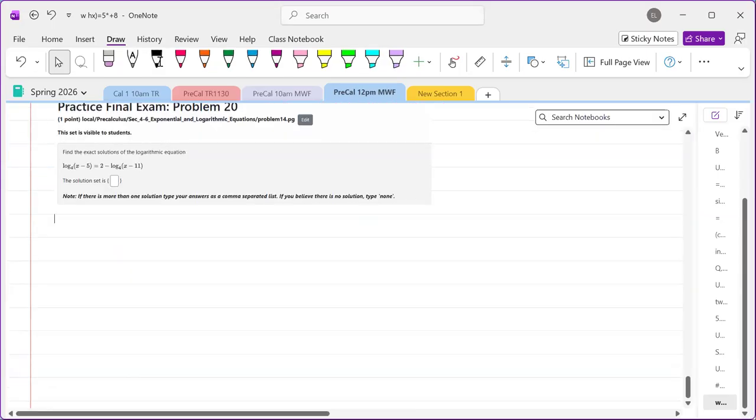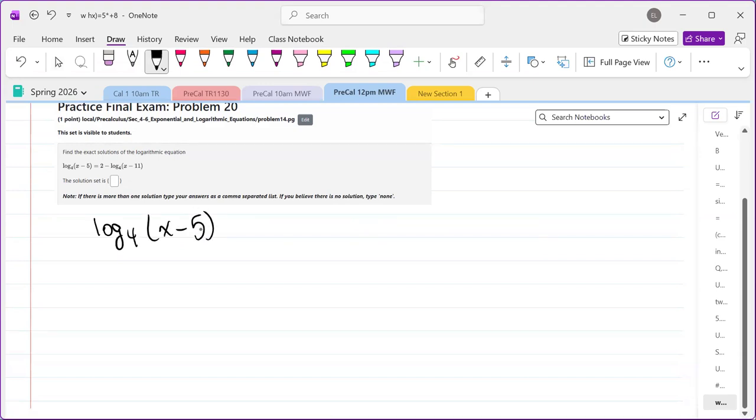All right, so we have here a log equation: log base 4 of (x minus 5) equals 2 minus log base 4 of (x minus 11). So we are solving the equation.